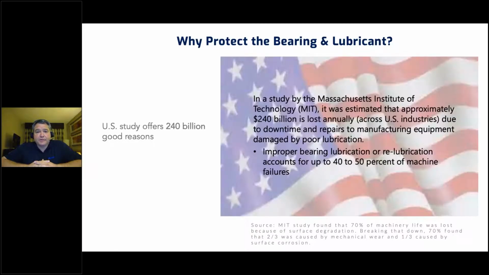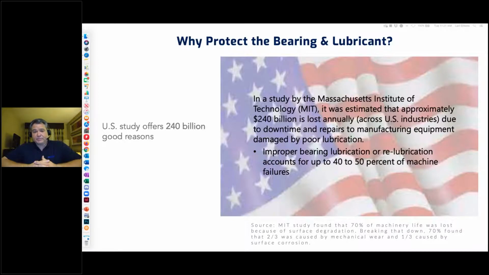So the last study we'll look at is just one done here in the U.S. By MIT, and they determined that across our industries we lose about $240 billion due to lubrication issues. And they said that, again, they agreed with SKF. Lubrication accounts for 40 to 50% of machine failures.